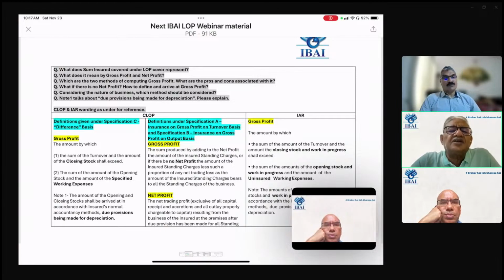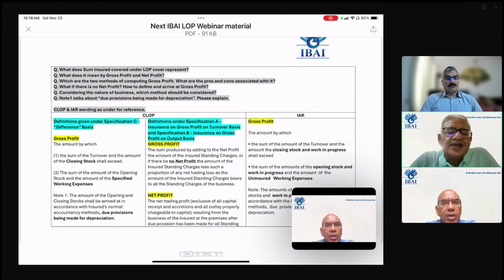So how is the sum insured in LOP determined? As you have put it, Rastogi ji, GP can be calculated, and the sum insured can be calculated, in two ways. We discussed this earlier. The old method was net profit plus standing charge method. The standing charge you can also use along with the fixed charge.